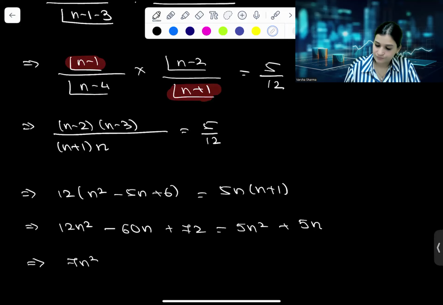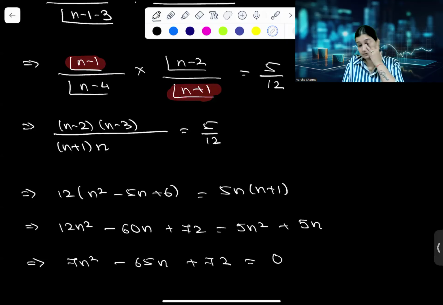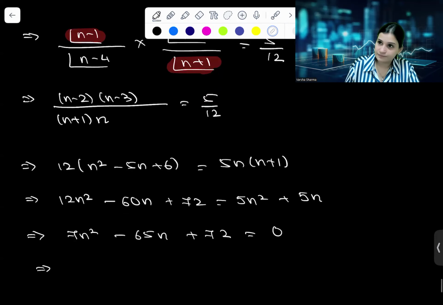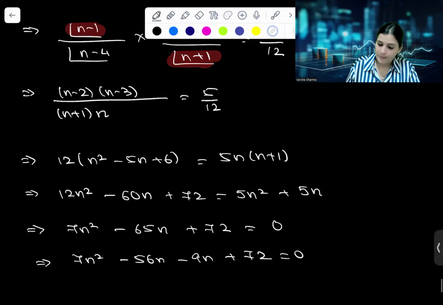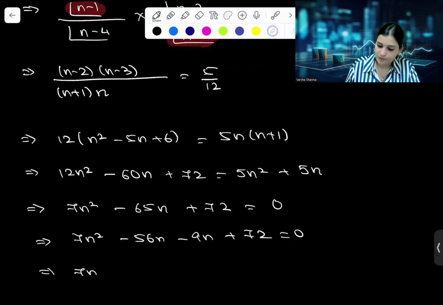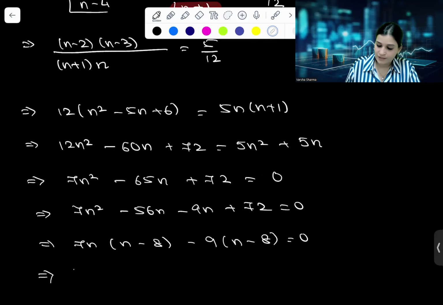So 7n square minus 65n plus 72 equals 0. 56 and 9. So you're taking 7 in common, taking minus 9 common. n minus 8 into 7n minus 9.